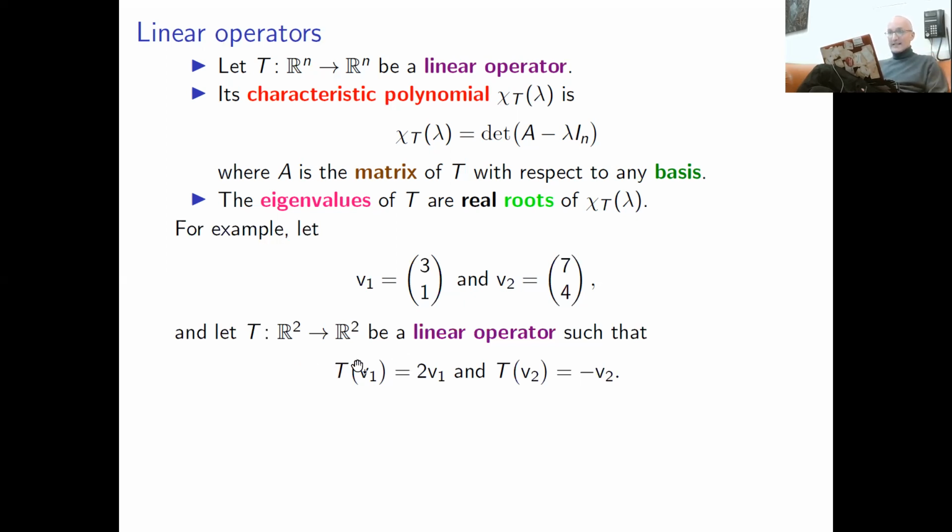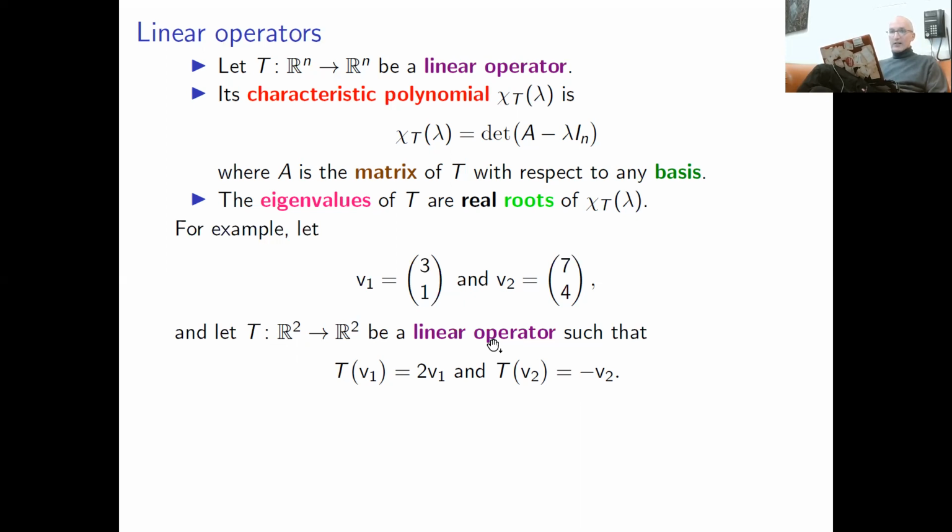So from these results, I know that there exists a linear operator T from R2 to R2 such that T of v1 is 2v1 and T of v2 is minus v2. And such a linear operator is unique. So this is basically the way I can define a linear operator.